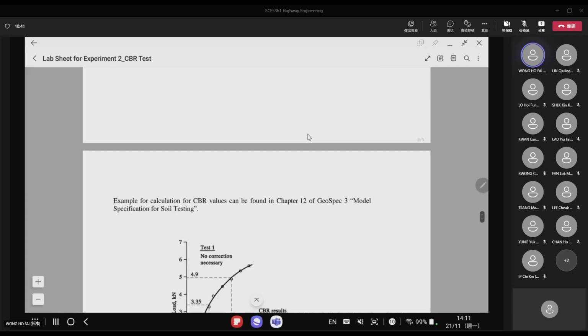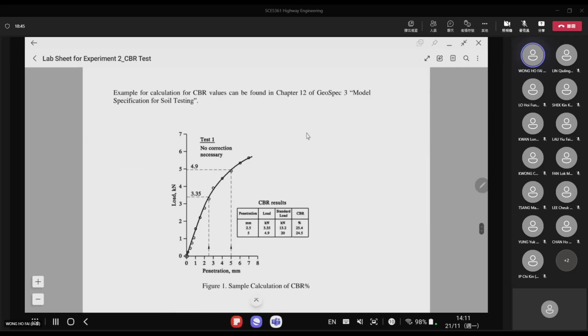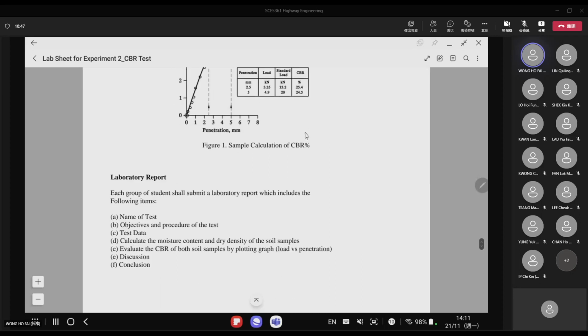So for your lab report, you can use these results to find out the values. Of course, I have mentioned the moisture content and the dry density. Try to find those from the data that I gave you, and then try to evaluate the CBR, that means the California bearing ratio, for both samples.